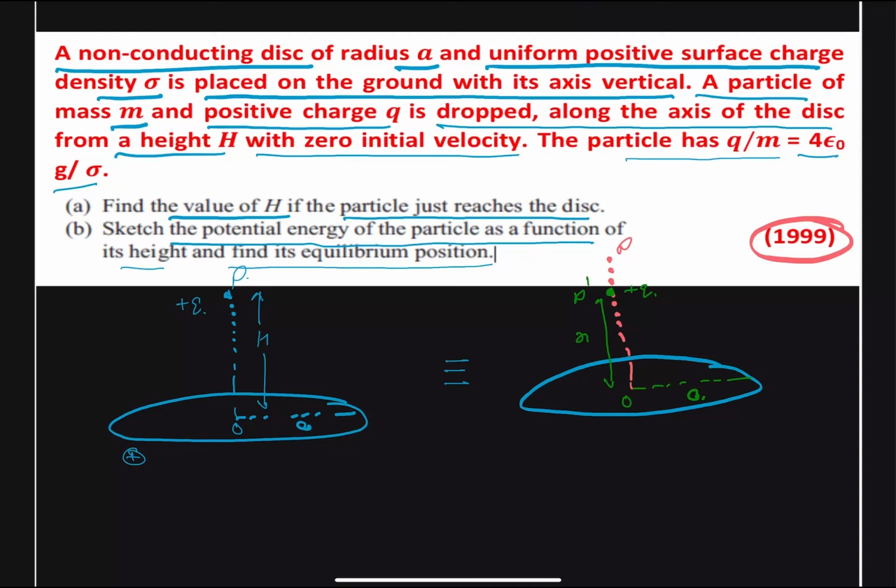And we consider a small disk whose radius is r, and the thickness of this disk is dr. So therefore we can say this distance will be equal to the square root of r square plus x square. So here we have considered a small disk like this, and its thickness is dr.